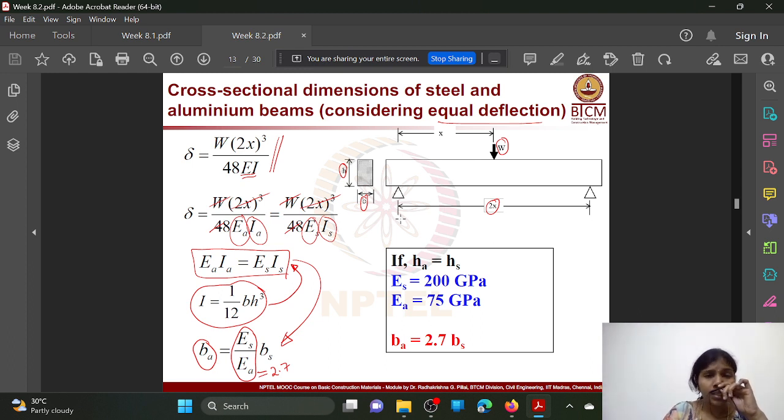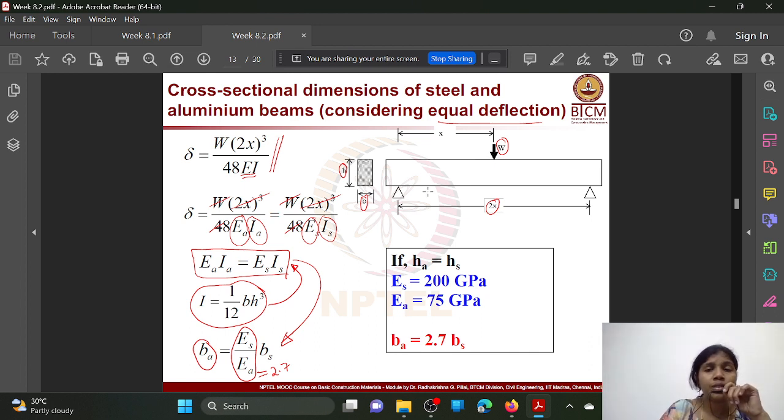And the cross sectional dimensions, what we want to depict here is the cross sectional dimension of steel and aluminum bars considering equal deflection. Suppose you take a beam which is centrally loaded with a point load, a simply supported beam.